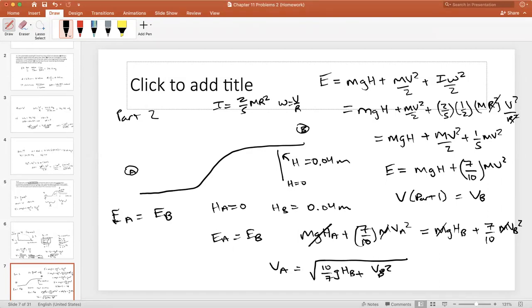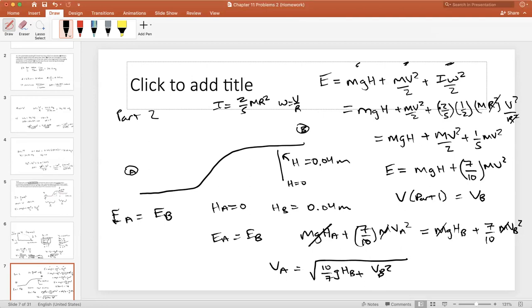But there's a lot going on this slide. Mostly, number one, you need to remember that the energy is the potential energy of gravity plus the kinetic energy of translation plus the kinetic energy of rotation. And then you need to turn this using rolling without slipping, using that omega is V over R, and that I is some coefficient times mr squared.